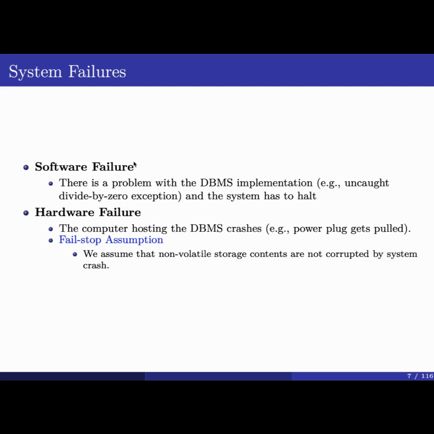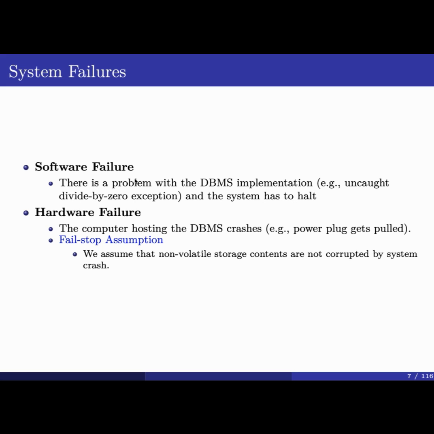The second type of failure, we call the system failures. System failures can occur, for example, due to a power failure, or any other hardware or software failure. Okay, so let's take a look at the software failure. Assume, for example, there's a problem with the implementation of the database system.